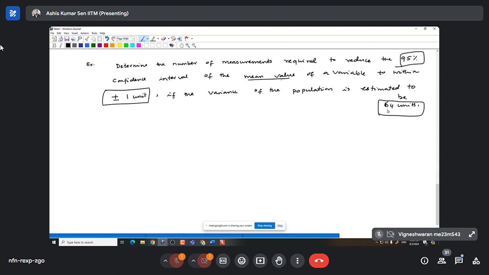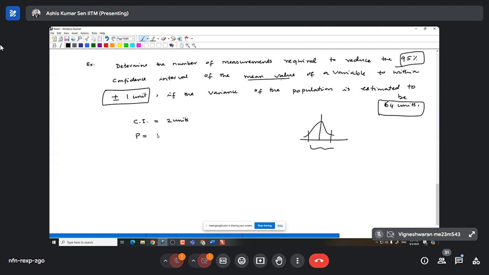So basically here your confidence interval is 2 units, because that is the data. If this is the mean, you have 1 unit on this side, 1 unit on this side. So the confidence interval is going to be 2 units.